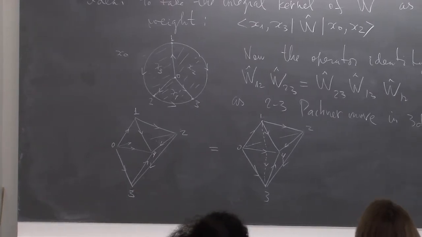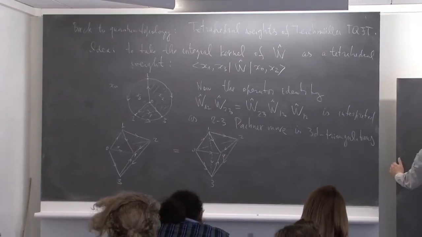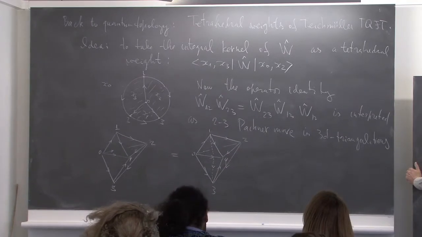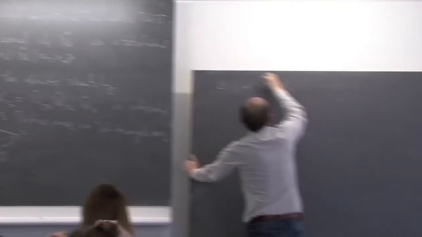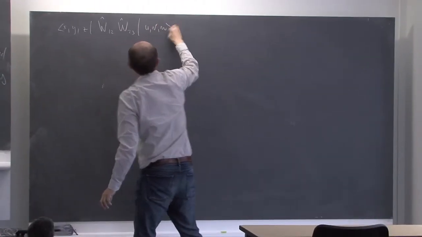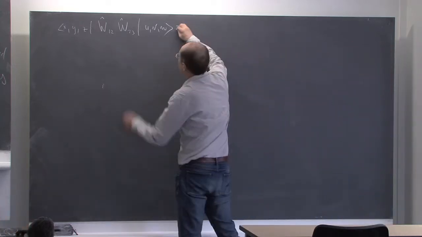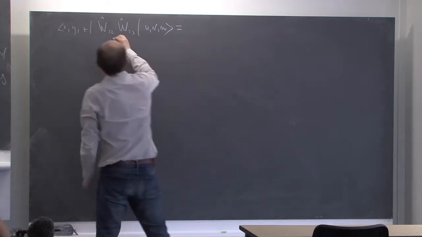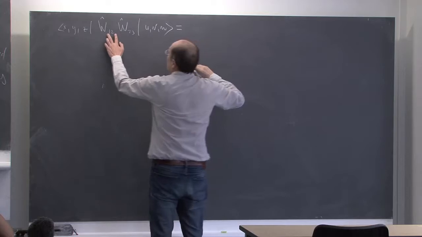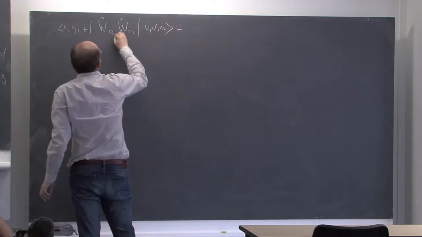I put x, y, z, w, 1, 2, w, 2, 3, hat, u, v, w, right? So that's what we are now going to calculate, the integral kernel. And now I insert here a decomposition of unity.